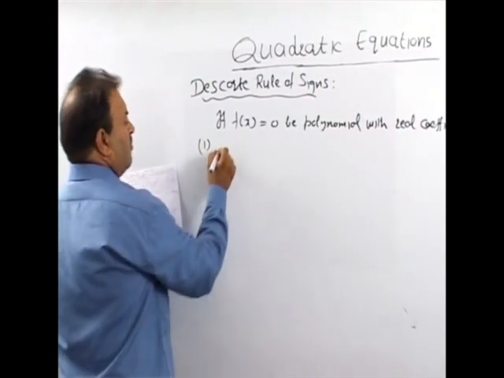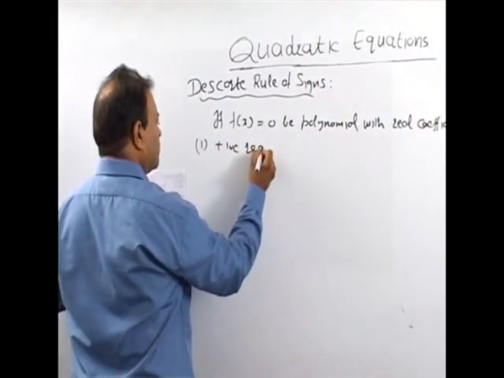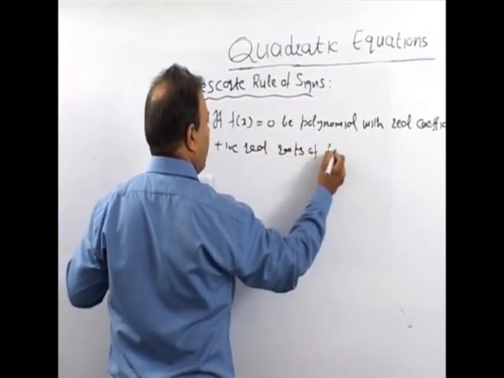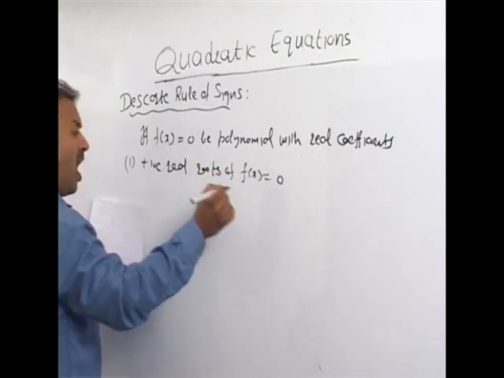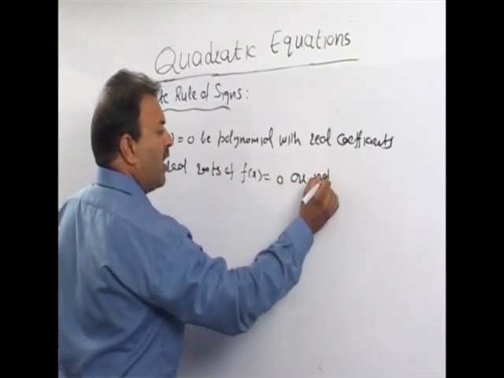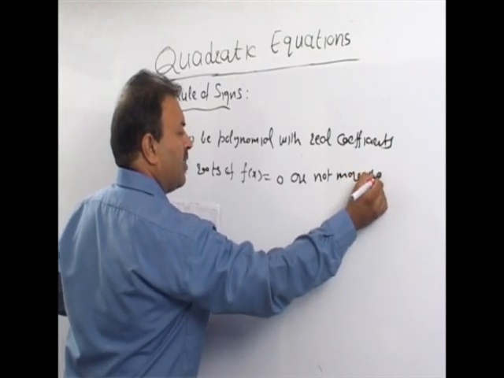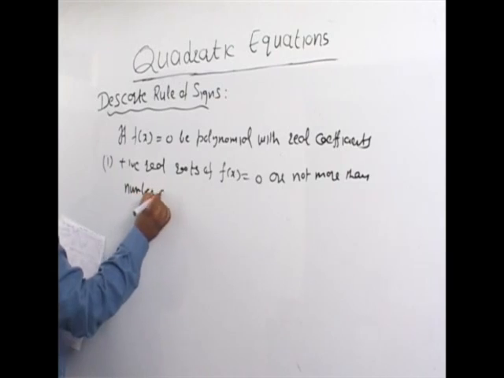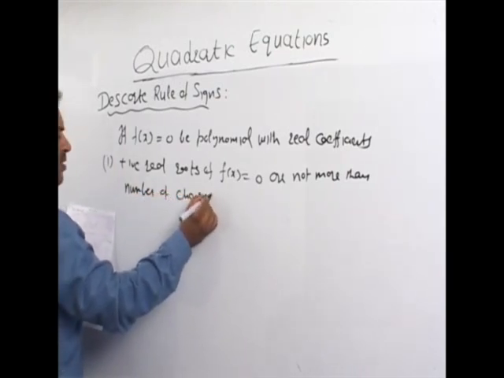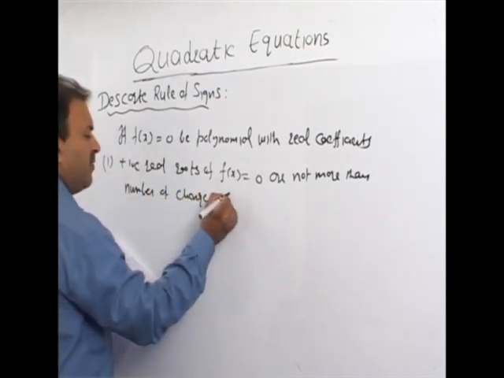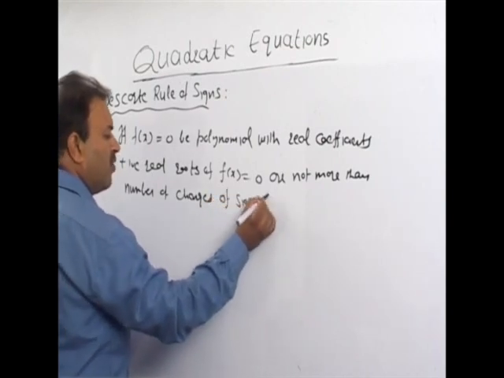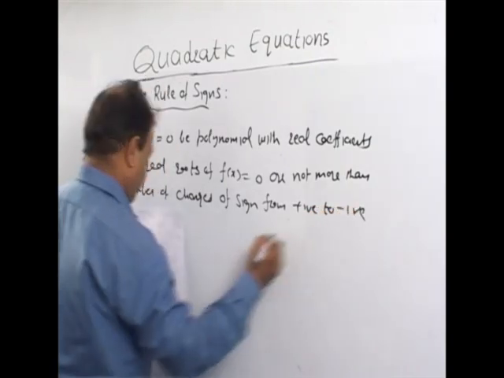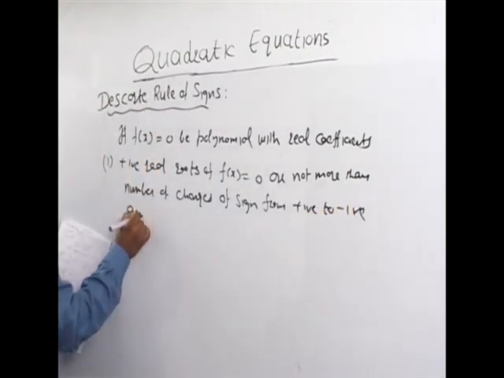First point: the positive real roots of f(x) = 0 are not more than the number of changes of sign, from positive to negative and negative to positive.